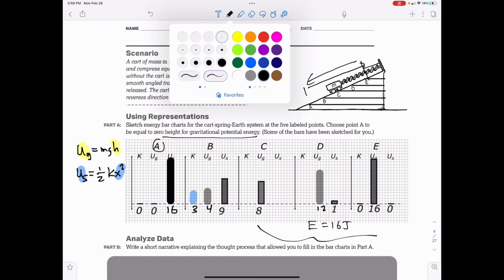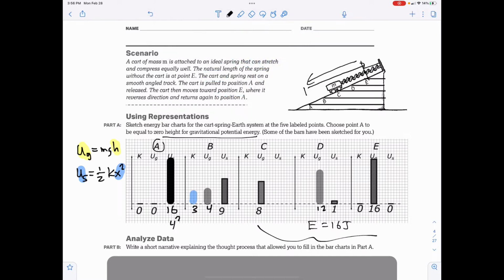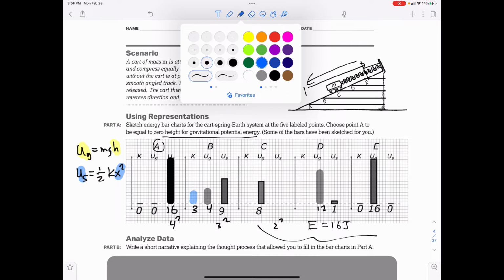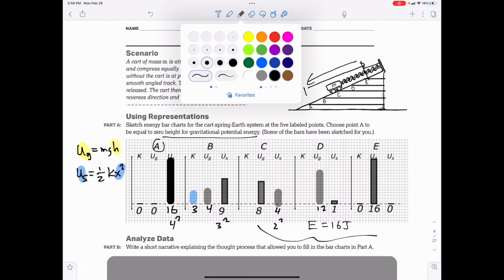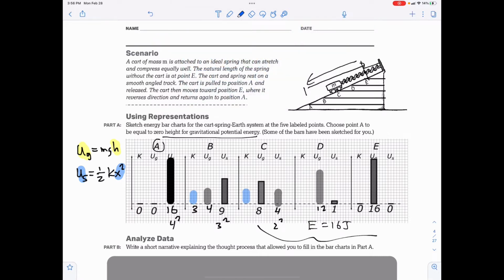So 16 would be 4 squared, 3 squared. That means the next part of the pattern would be 2 squared, right? So that would only leave it up to about 4. And those 12 units right there from 16 total energy units would leave 4 remaining units of kinetic energy.